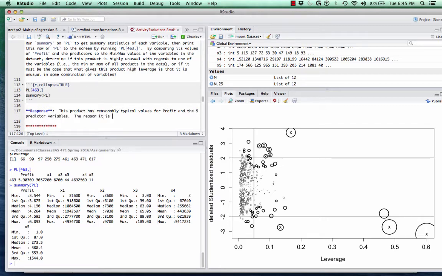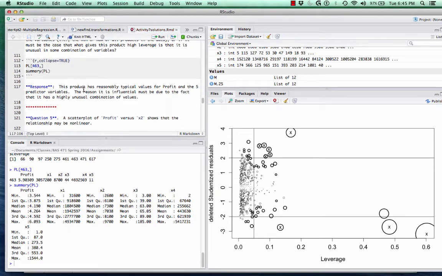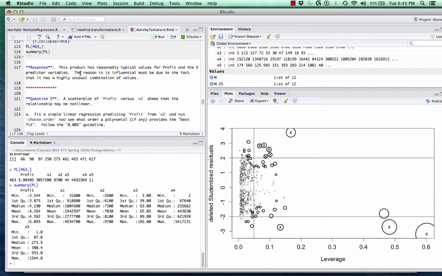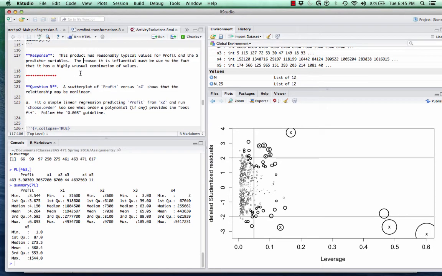The reason it is influential must be that it has a highly unusual combination of values, so we couldn't detect it just from looking at the individual variables themselves. It must be unusual in some higher order combination.